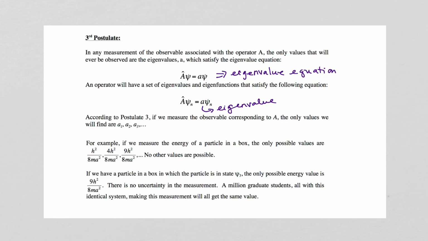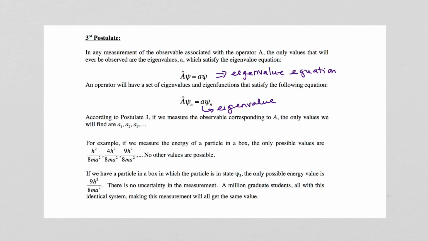Okay, so again, to go a little further, if you know what state you're in, let's say for a particle in a box, and you're in state 3, so you have psi 3 as your wave function, the only possible energy that you're going to measure is the energy that corresponds to state 3.